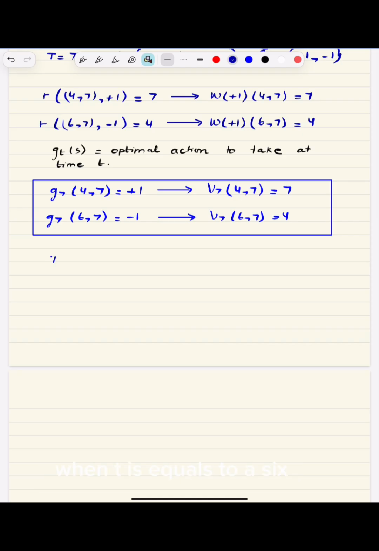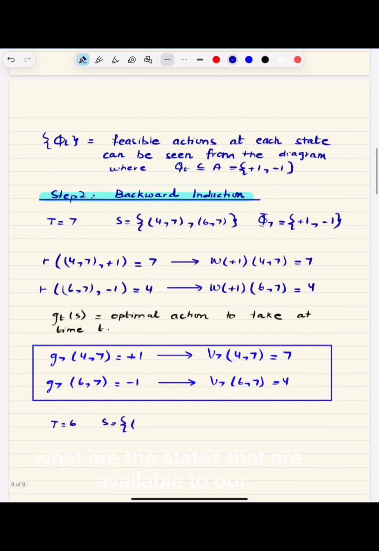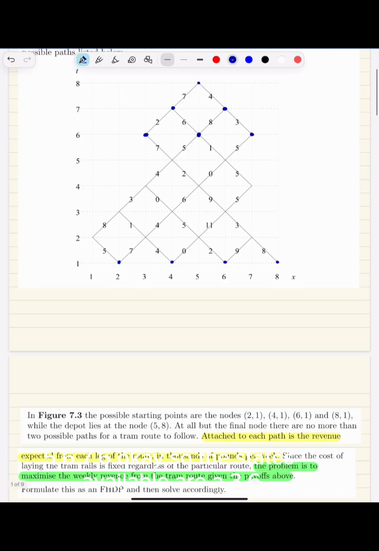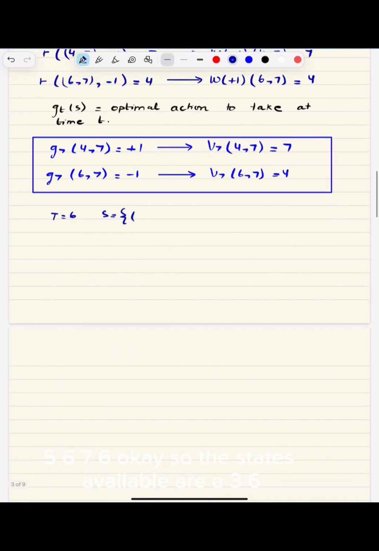When t is equal to 6, what are the states that are available to our individual? It is 3 6, 5 6, 7 6. So the states available are a 3 6, a 5 6, and a 7 6.